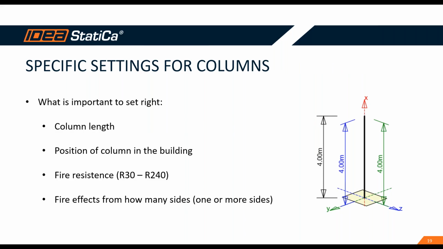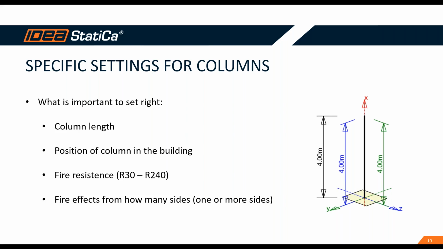If you want to design and code check columns, cross-sections of columns using our application, it is important to set right the column length, the position of the column in the building, if it is on the top floor or another floor in the building. You have to choose the correct fire resistance, which can range from R30 to R240.